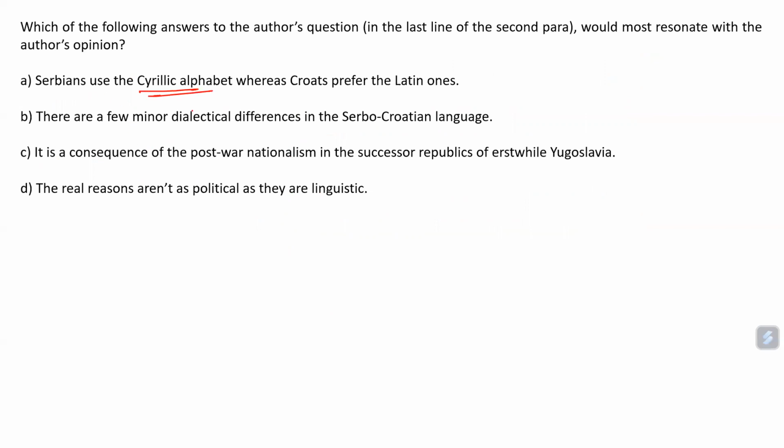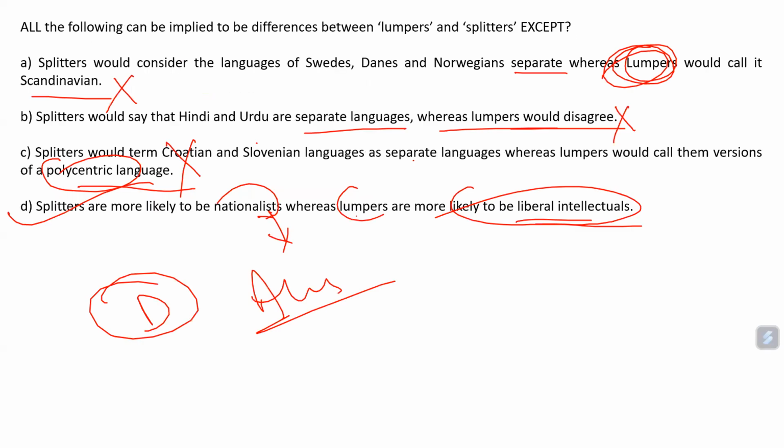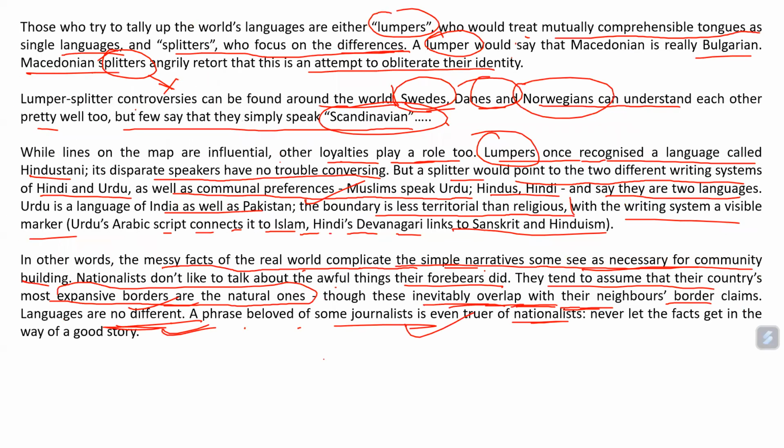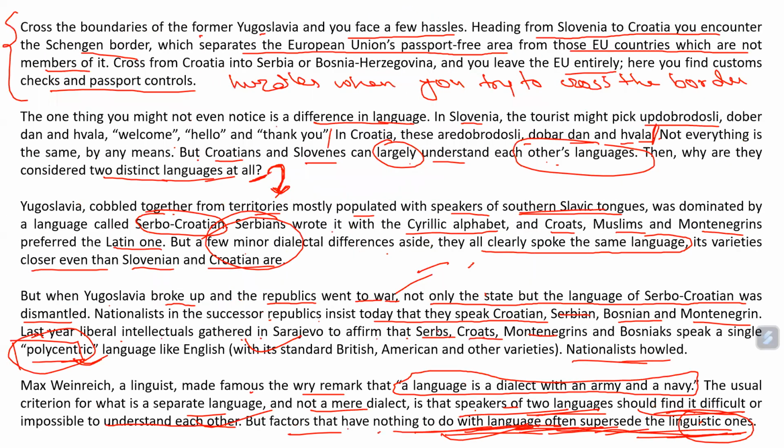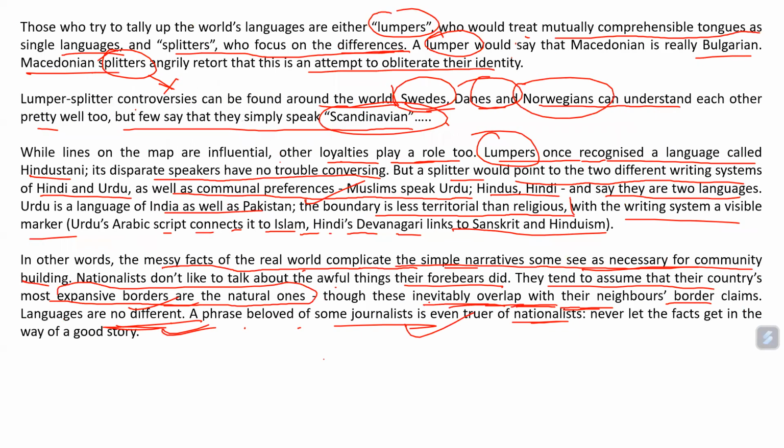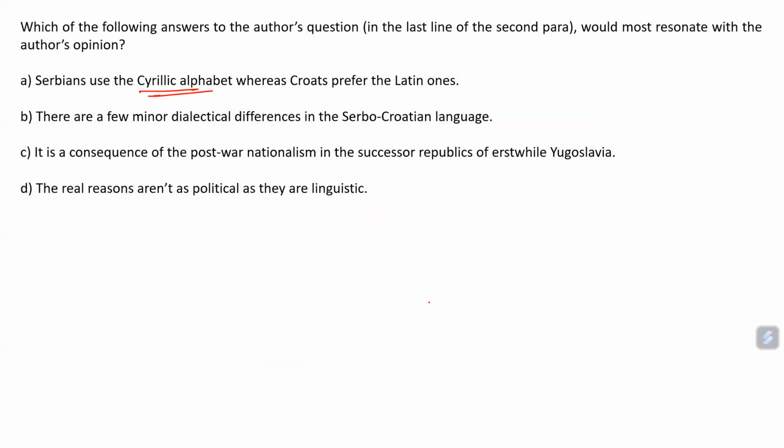Serbians use the Cyrillic alphabet, whereas Croats prefer the Latin ones. So let's see, Serbians spoke a polycentric language. Okay, so A is saying that Serbians use the Cyrillic alphabet, whereas Croats prefer the Latin ones, right?